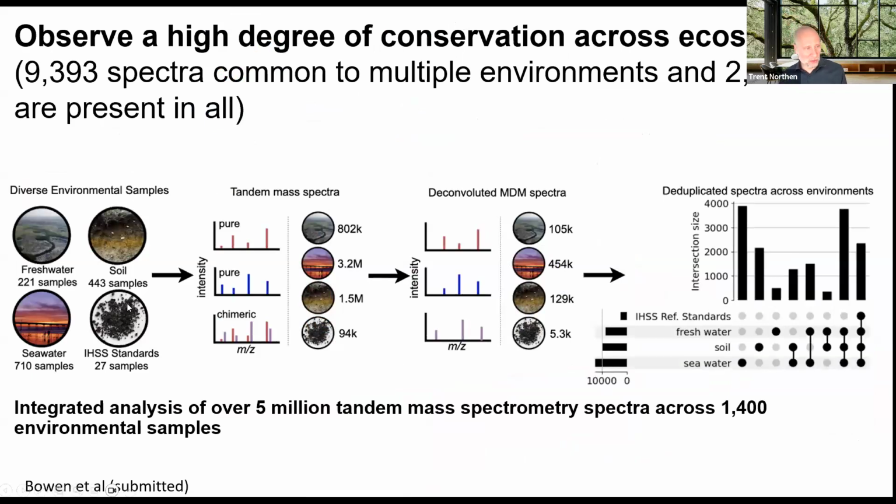And so in total, we took samples from freshwater, soil, seawater, and some standards, collecting over 5 million tandem mass spectrometry spectra. We used mass difference matching, which is something that Daniel and others had developed for being able to deconvolute chimeric spectra. The isolation window on a quadrupole is about a Dalton.